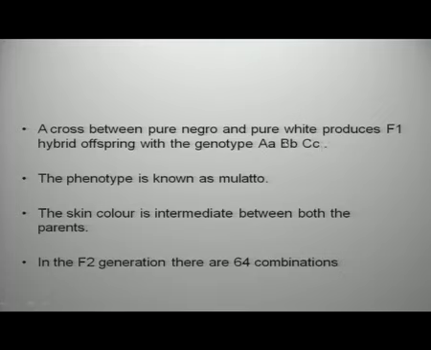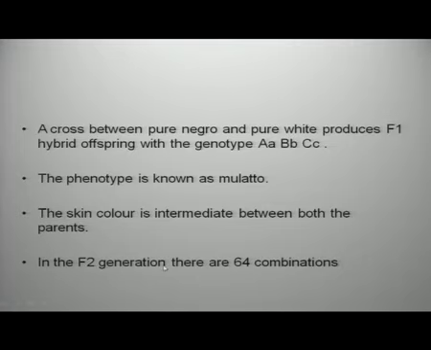Since in this case there is the presence of only 3 dominant genes, the effect of the 3 dominant genes alone is represented as the phenotype. It will be an intermediate one in skin color. We will call the phenotype mulattoes. The skin color is intermediate between negro and white, that means between the darkest and the lightest.